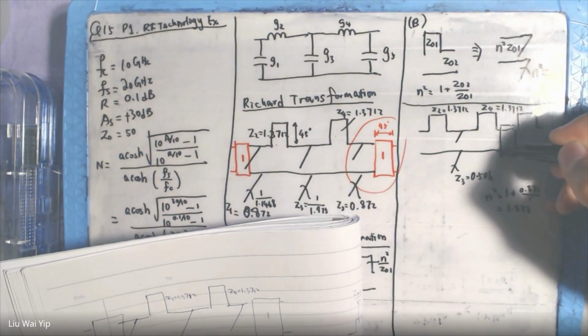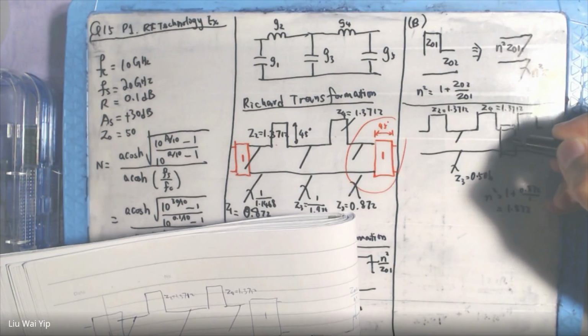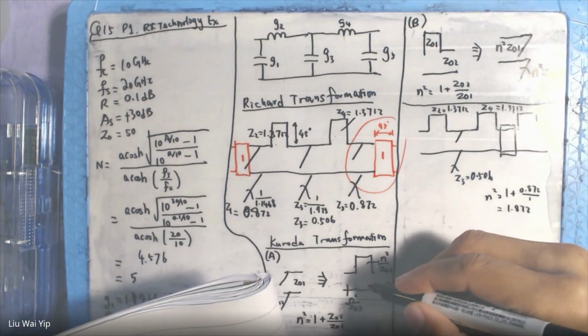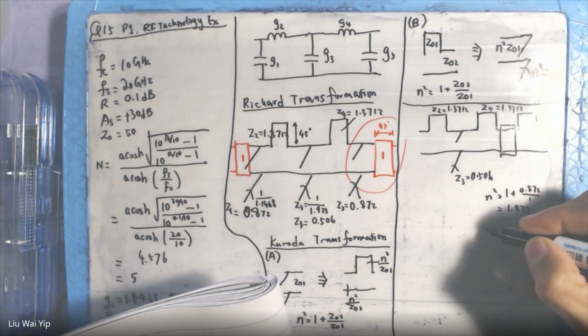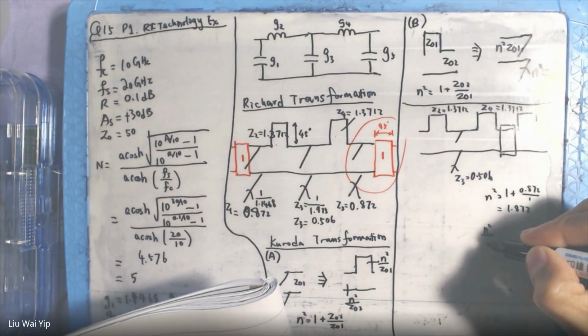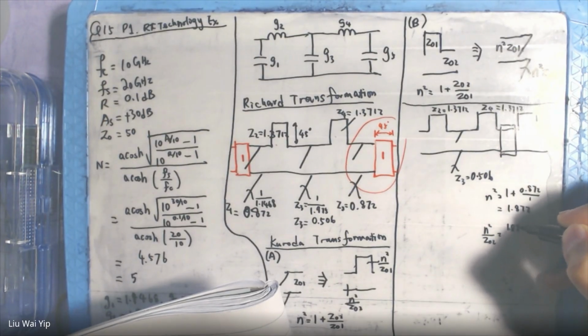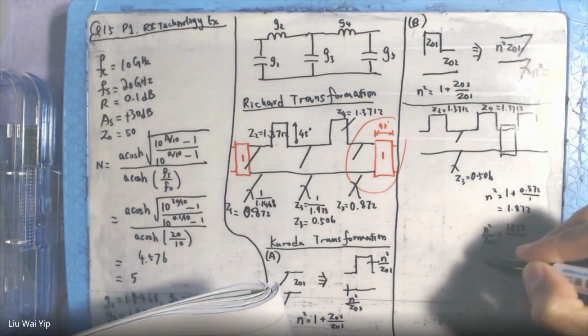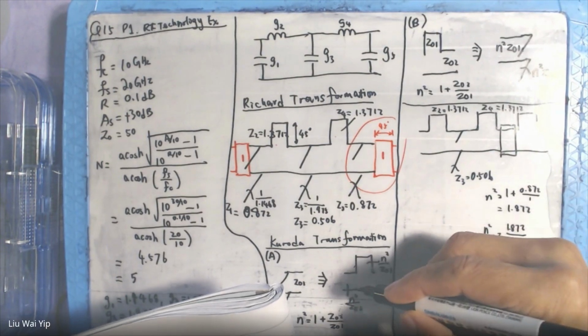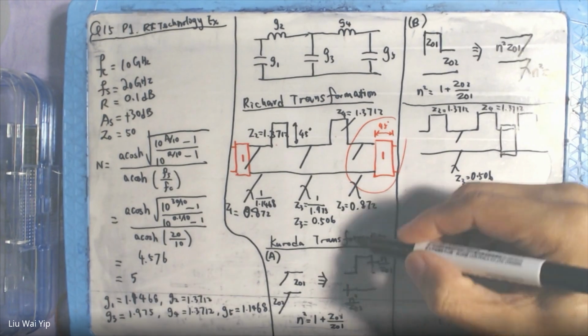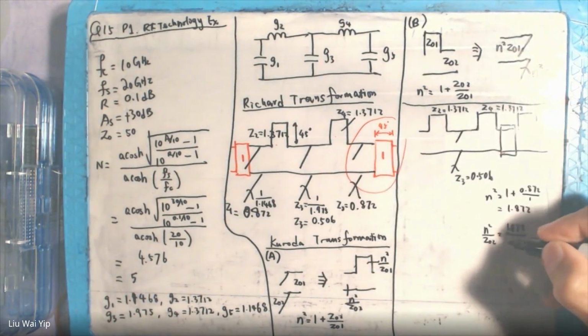From what I can calculate, this one according to here is n square over Z02, which is 1.872 according to here, and Z02 is the original value in here.